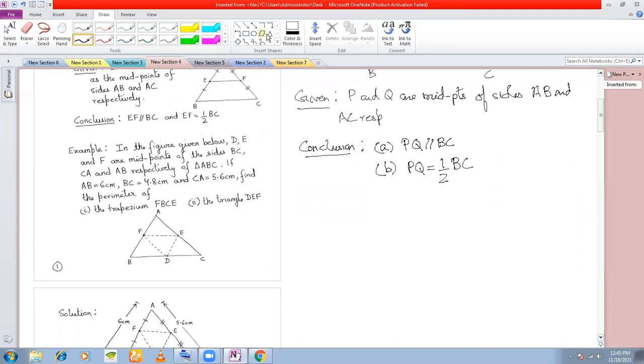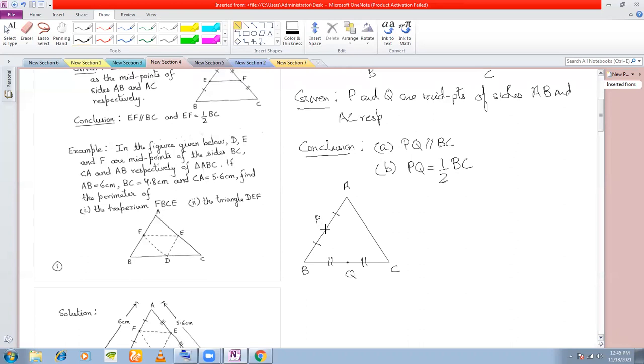For example, if I give you the midpoints of these two sides of triangle ABC, P and Q, so this length is equal to this length, and BQ must be equal to QC. This is what is given to you.